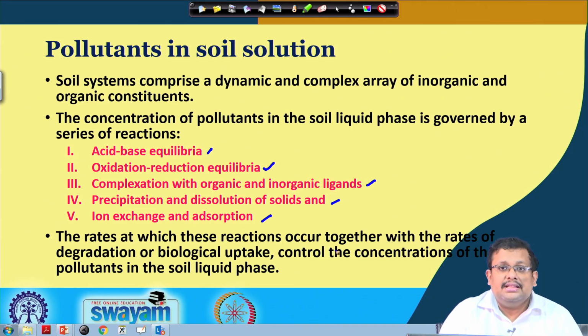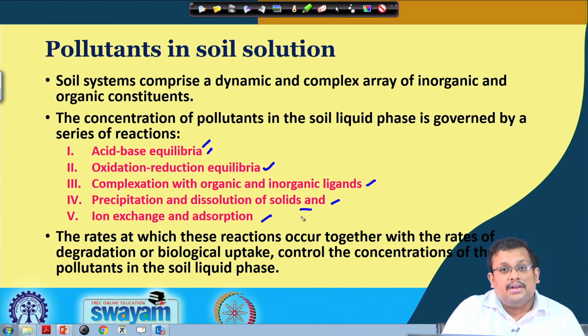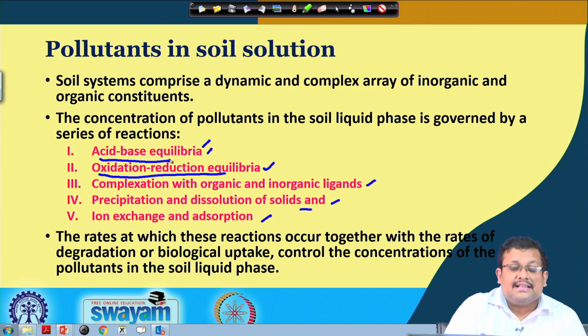So, here in this week we will be talking in detail about acid base equilibria, and also briefly we will cover the precipitation and dissolution of solids. So, among all these 5 reactions, we are going to discuss only number 1, that is acid base equilibria, and number 4, that is precipitation and dissolution of solids.